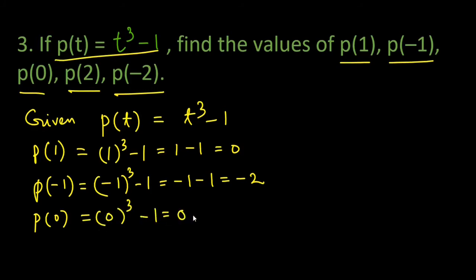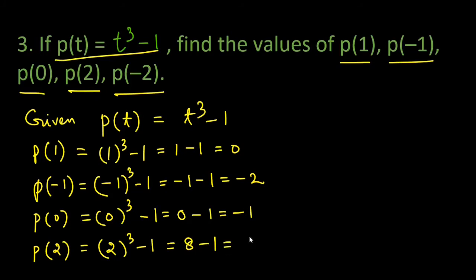This is 0 minus 1. It becomes minus 1. Then p of 2. That is 2 cubed minus 1. This is 8 minus 1 is equal to 7.